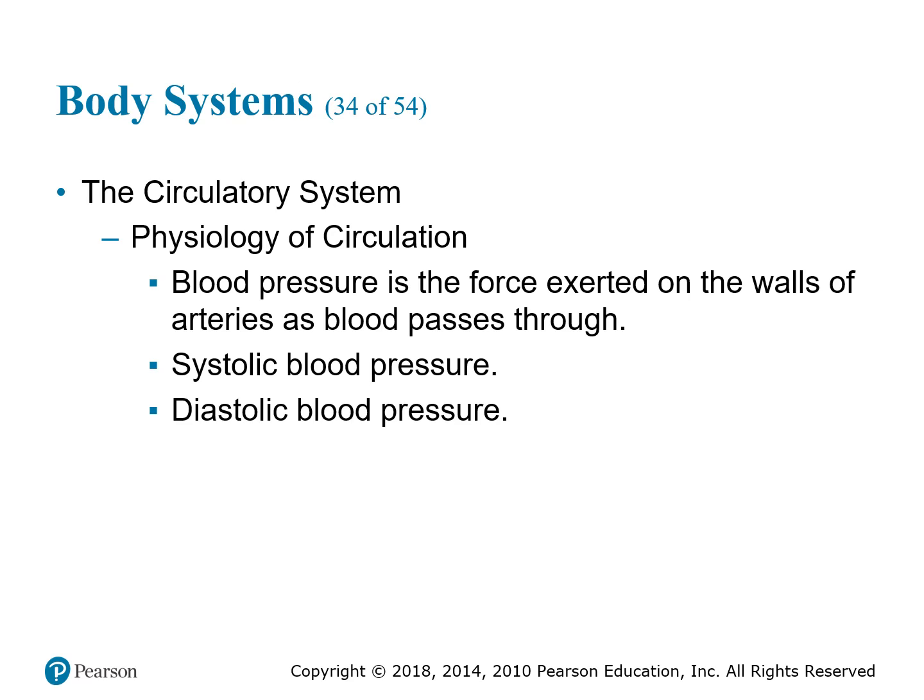That's why the top number is always going to be higher than the bottom number because the heart has to generate more force than what we have pressure in the vessels. So systolic blood pressure is the pressure on the arteries specifically when the left ventricle contracts. Diastolic pressure represents the pressure in the arteries when the ventricle is at rest.